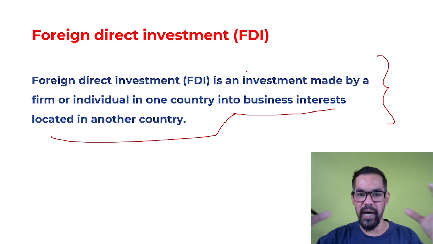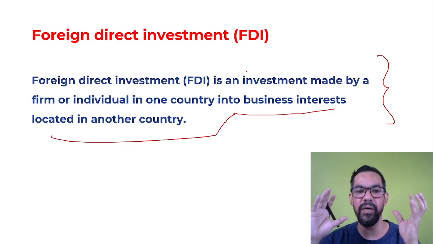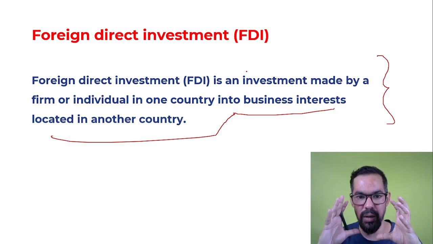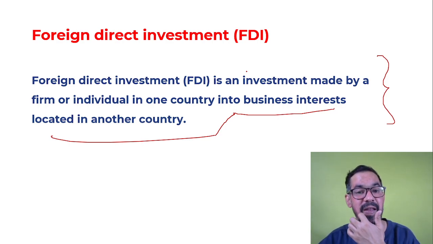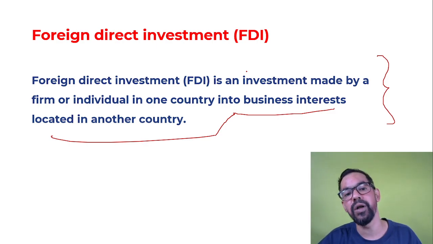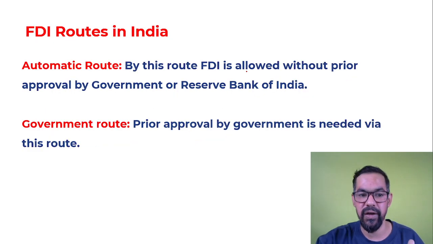He acquired or leased land, set up some machinery, hired people, and used his management skill. Then they manufacture cars, and he or his board will decide the prices of his cars. So that is foreign direct investment.